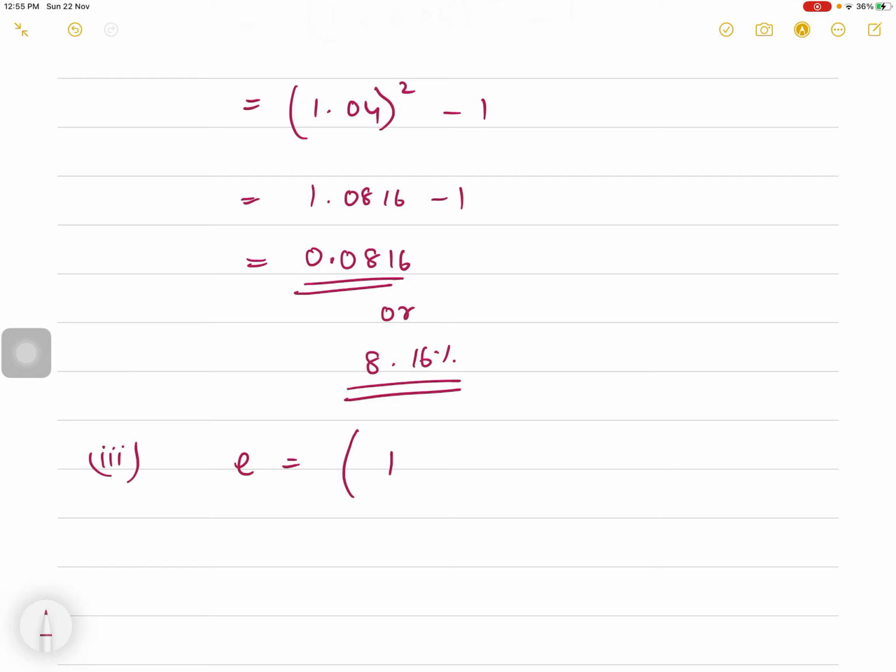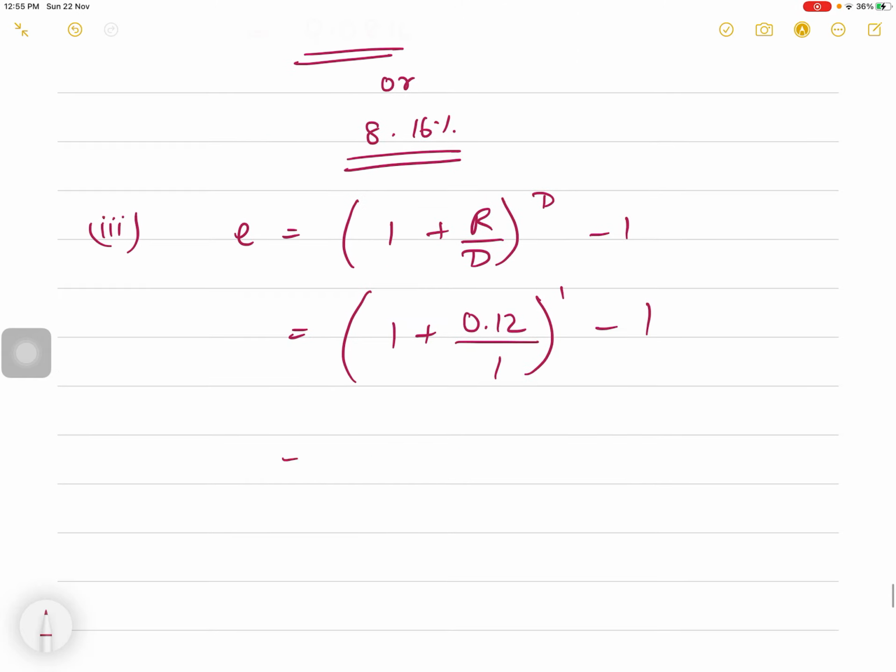E is equal to (1 plus R by D) the whole raised to D, minus 1. So (1 plus 0.12 upon 1) raised to 1 minus 1. So 1.12 minus 1, which is 0.12, which is 12%.